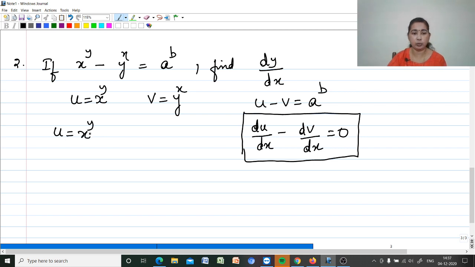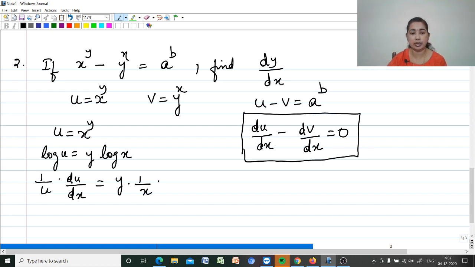Take log on both sides, since here it is power, take log on both sides. So, log u is equal to y log x. And differentiating with respect to x, 1 by u into du by dx equal to, here product rule, y into derivative of log x is 1 by x plus log x into derivative of y is dy by dx.